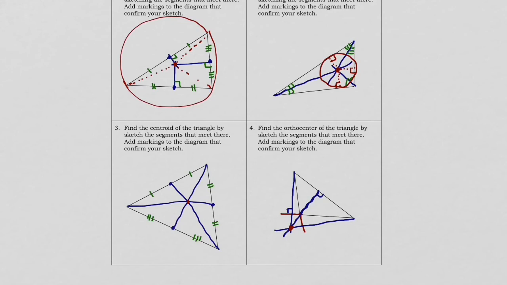And it turns out that the centroid divides the triangle into equal areas. So for example, the area on this side of the median is the same as the area on this side of the median.